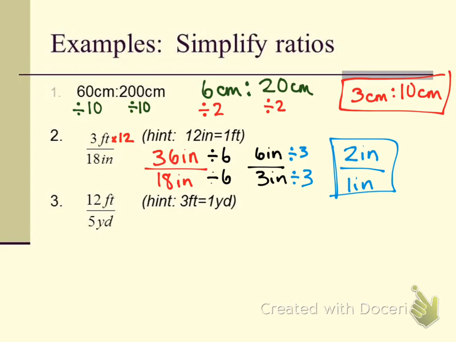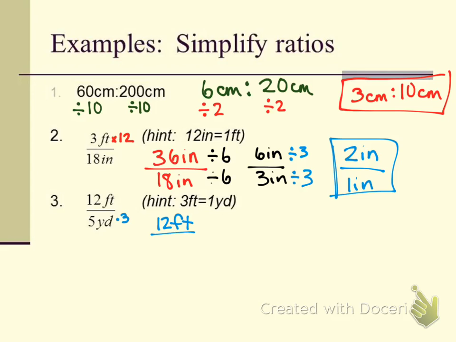Alright, the last one. We can change 12 feet into terms of yards, or we can change 5 yards into feet. Anyone have a preference? I think the 5 yards is probably easier. How many feet are in 1 yard? 3. So to figure out how many are in 5 yards, I just multiply 5 by 3.